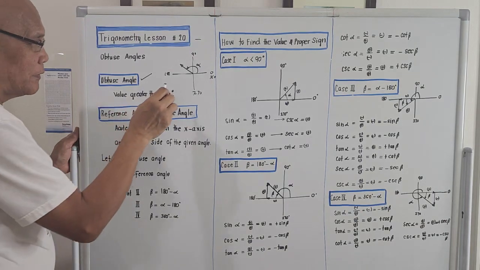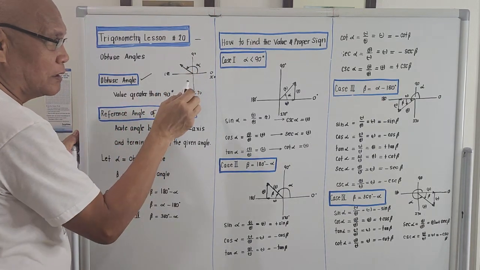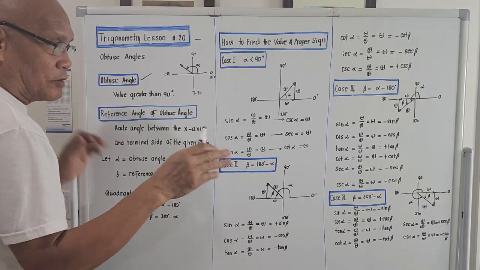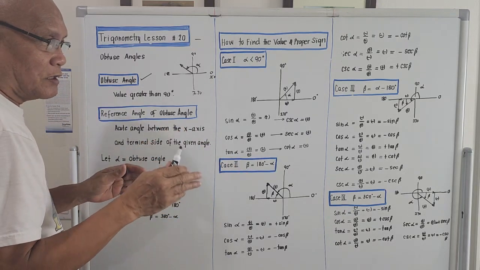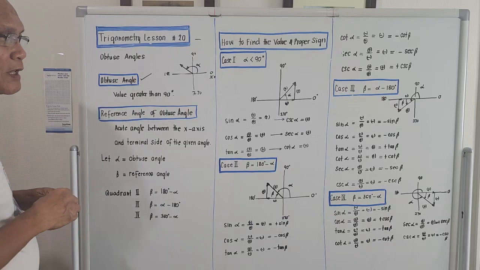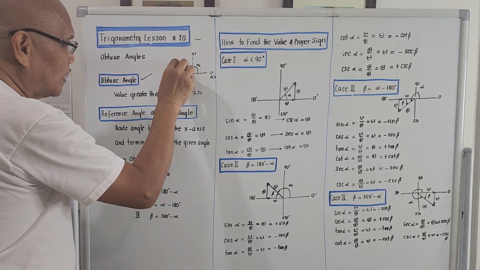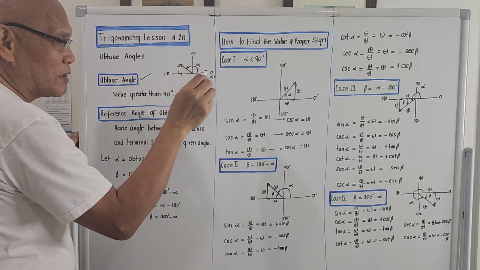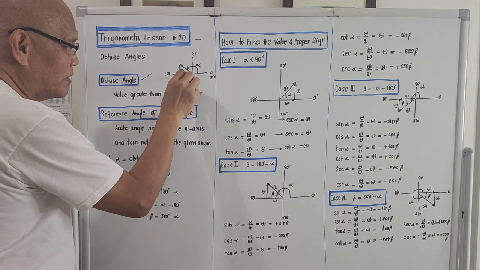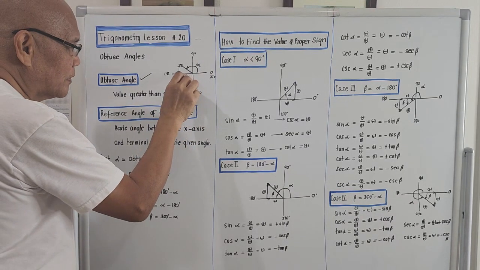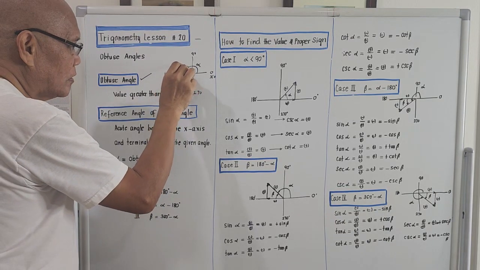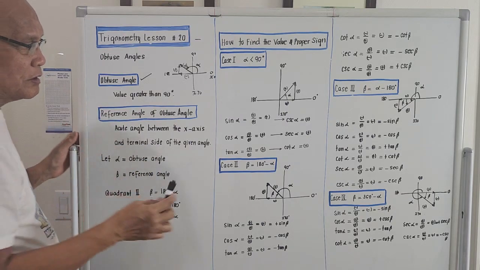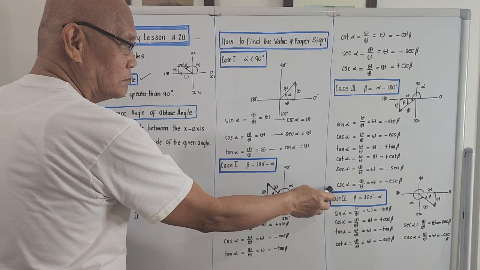And there is a problem on how to get the proper values of an angle if the angle is greater than 90 degrees. If you are using your calculator, there will be no problem. But if you are using the so-called analytical solution, the blackboard solution, we must know how to bring out the proper sign of the 6 trigonometric functions, that is from sine to cosecant.